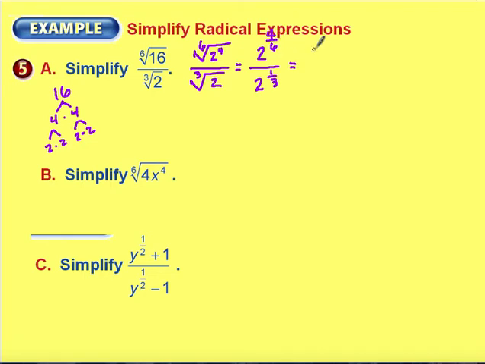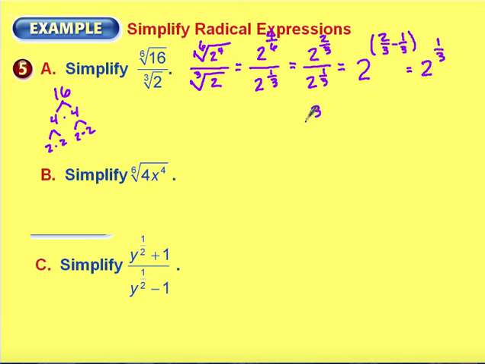Now up on top, of course I can reduce that 4/6 to 2/3 and 2 to the 1/3 on the bottom. Now you might think that we have to rationalize here, but let's use our division rules where we repeat the base and subtract the exponents. So I'm going to have 2 to the 2/3 minus 1/3 power, or 2 to the 1/3 power.